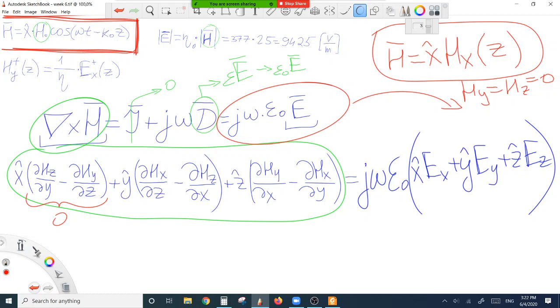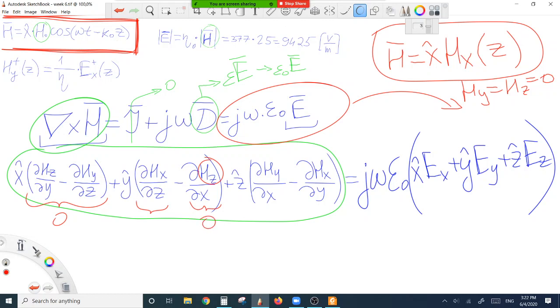What about the second component? In the second component we have dHx over dz and dHz over dx. This one involves Hz, which is 0.